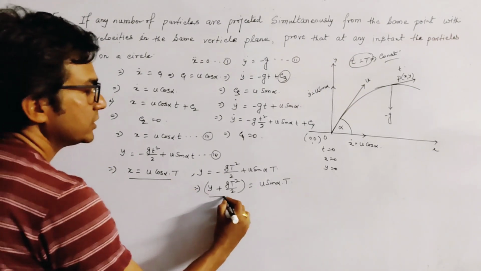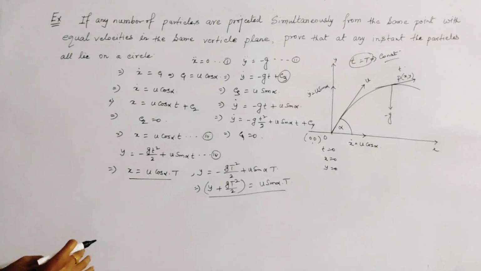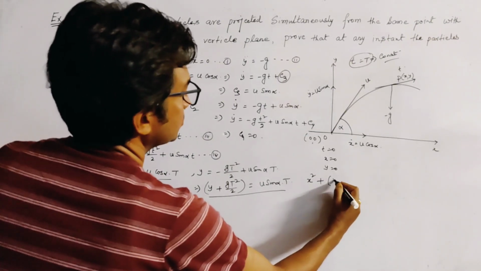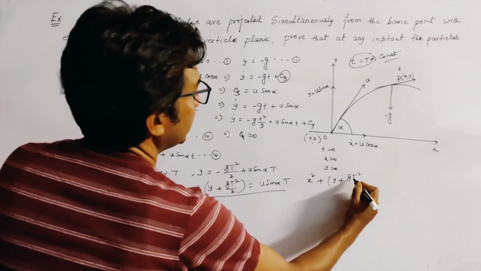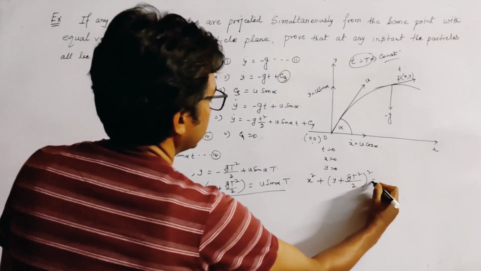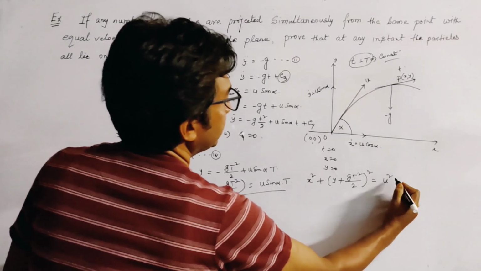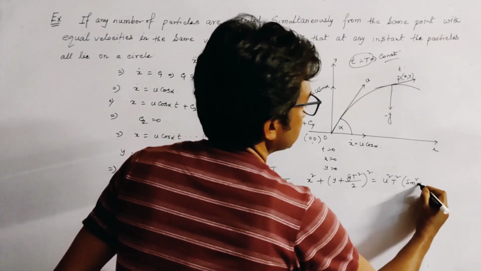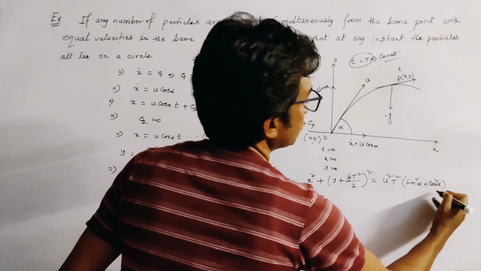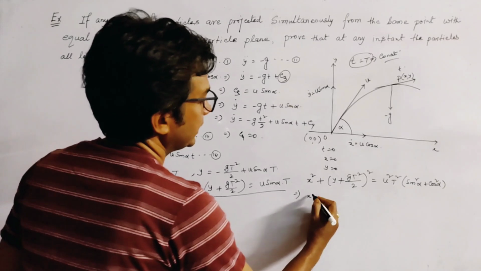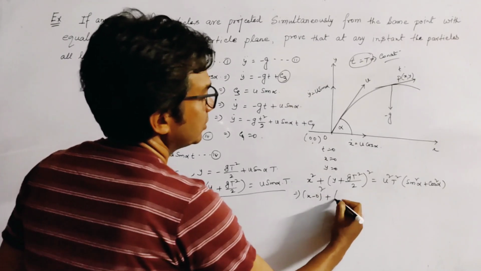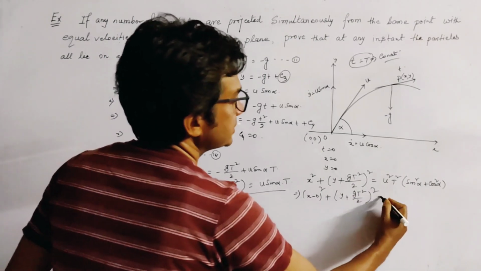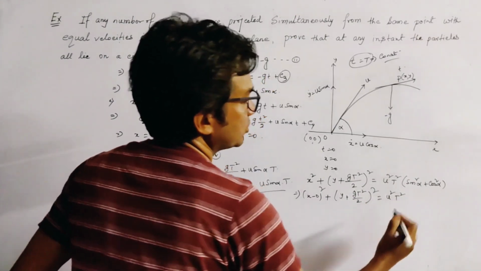Now from these two relations, by squaring and adding, we get x square plus y plus g T square by 2, whole square, equal to u square T square into sin square alpha plus cos square alpha. So we get x minus 0, whole square, plus y plus g T square by 2, whole square, equal to u square T square.